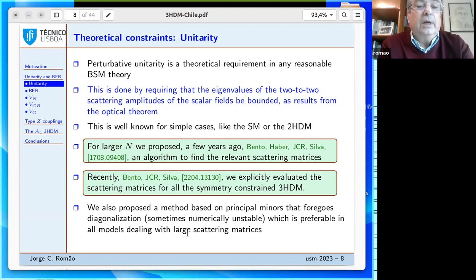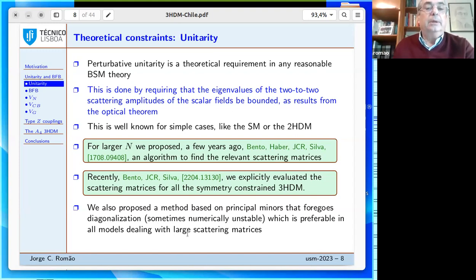But for larger n, although things are known in principle, we proposed a few years ago, with Bento and João Silva, an algorithm to find the relevant scattering matrix.